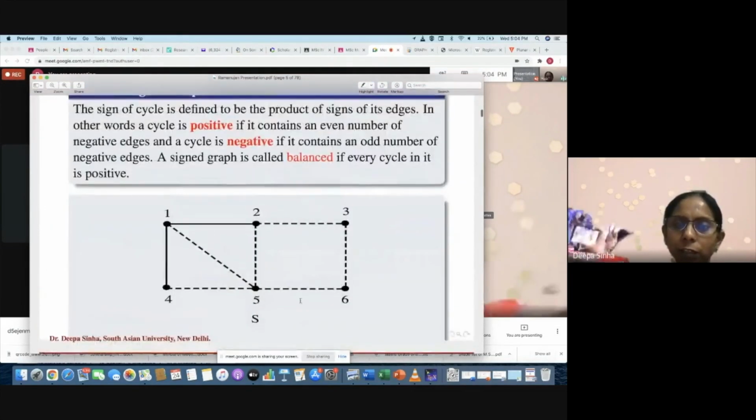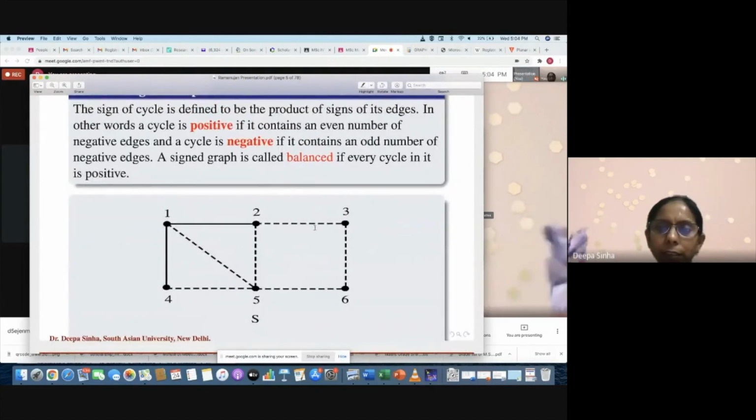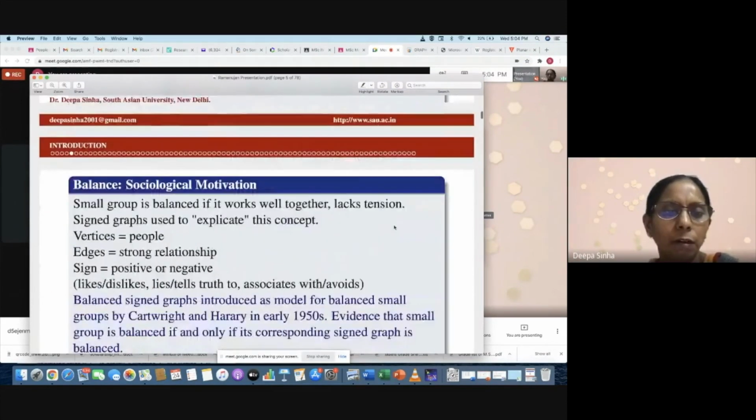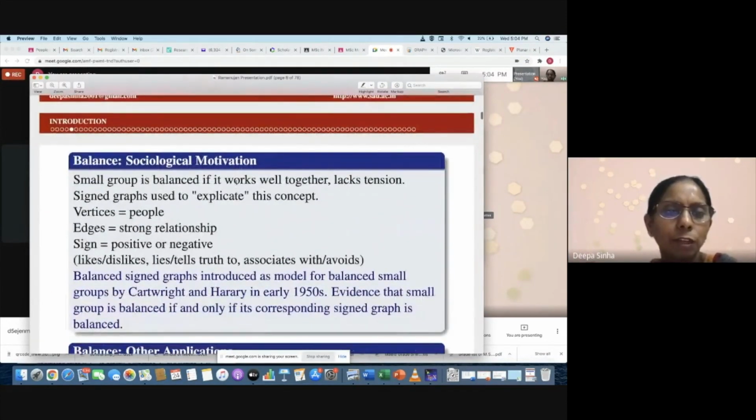Balance has a huge application in social psychology, so the motivation is sociological. A small group is balanced if it works well together and lacks tension.